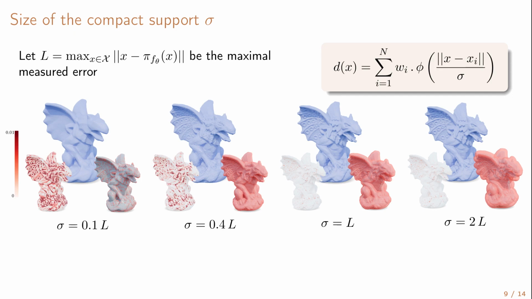So what we did is we considered the maximum error that we measured between some point on the true geometry and the zero level set of the neural network.